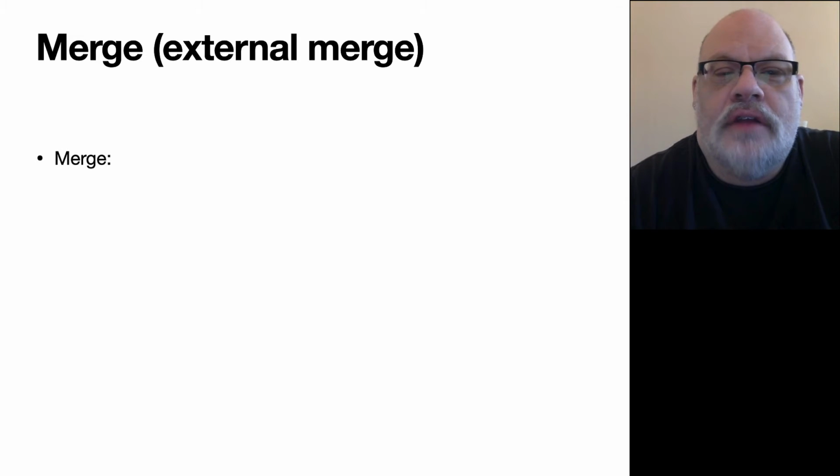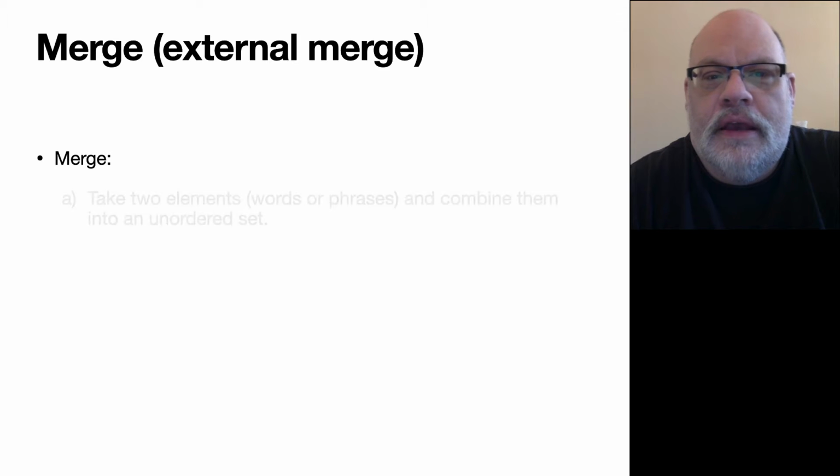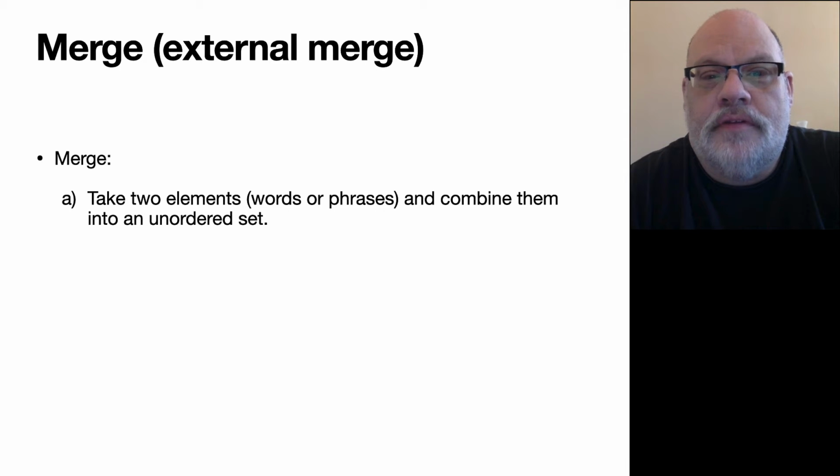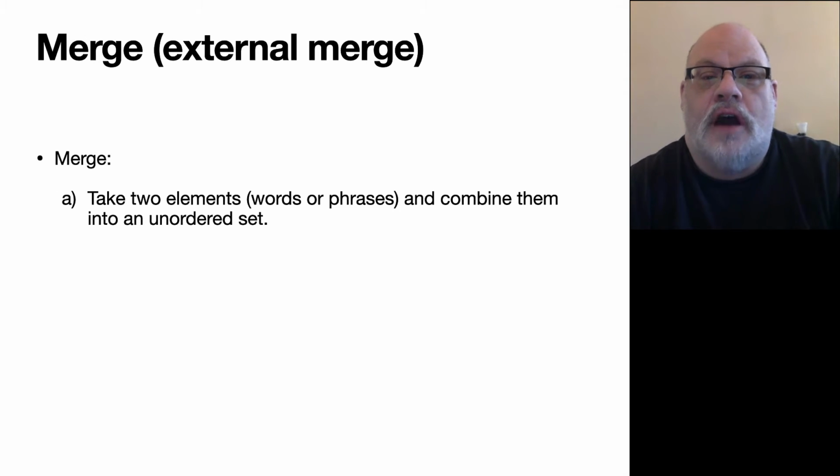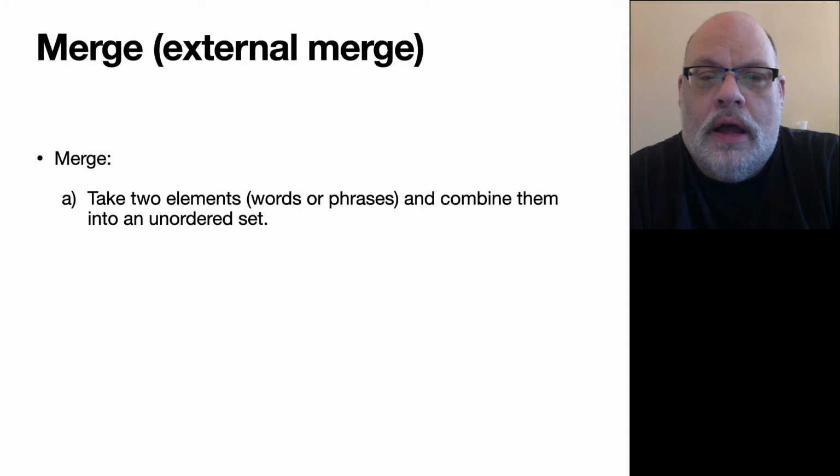Merge does effectively two things. It takes two elements, usually words or phrases, and combines them together into an unordered set. So this is the combinatoric part of X-bar theory. And it also explains why X-bar theory is binary.